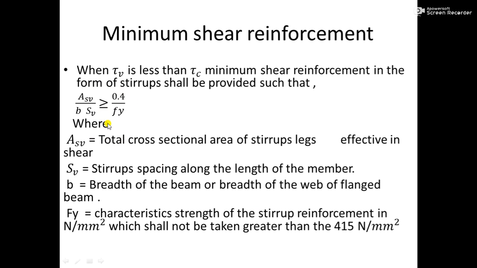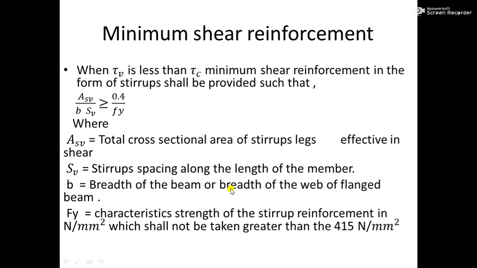This is a very important formula, always asked in questions. Here Asv is the total cross-sectional area of stirrup legs effective in shear, Sv is the stirrup spacing along the length of the member, and b is the breadth of the beam for a rectangular section; for a T section or I section, the breadth of the web is considered.